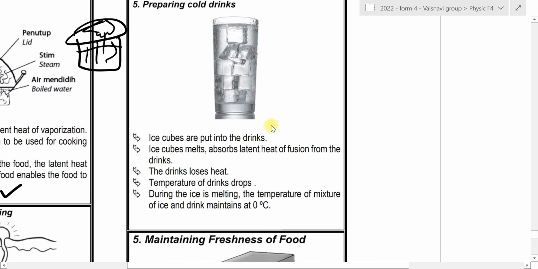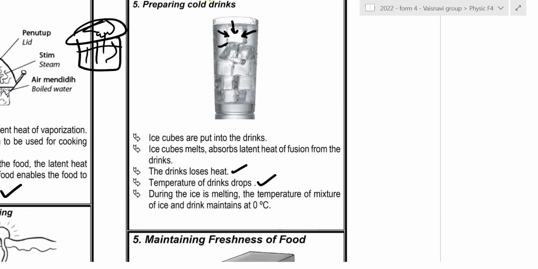Preparing cold drink is also using latent heat of fusion. Ice cubes are put into the drink. Ice cubes melt, absorb the latent heat of fusion from the drink. புரியுதா? எப்படி நம்ம ஐஸ் கட்டி போட்டாக்கா தண்ணி ஜில்லுன்னு ஆகுது? அது தெர்மல் ஈக்குலிபிரியம் அப்படின்னு சொல்லிடுவாங்க. எஸ், அது தெர்மல் ஈக்குலிபிரியம்லையும் சொல்லலாம். ஆனால் டீட்டெயில்டாக பார்த்தோன்னா, அந்த ஐஸ் கட்டி லெத்தன் ஹீட் ஆஃப் ஃபியூஷன் எல்லாத்தையும் அப்சார்ப் பண்ணிட்டனால அந்த வெளியில் இருக்கிற தண்ணிக்கு ஹீட் இல்லாமல் ஆயிரும். ஹீட் இல்லைன்னா என்ன அர்த்தம்? செஜு ஆகுதுன்னு அர்த்தம். ஓகே, the drink loses heat, so temperature of the drink drops.